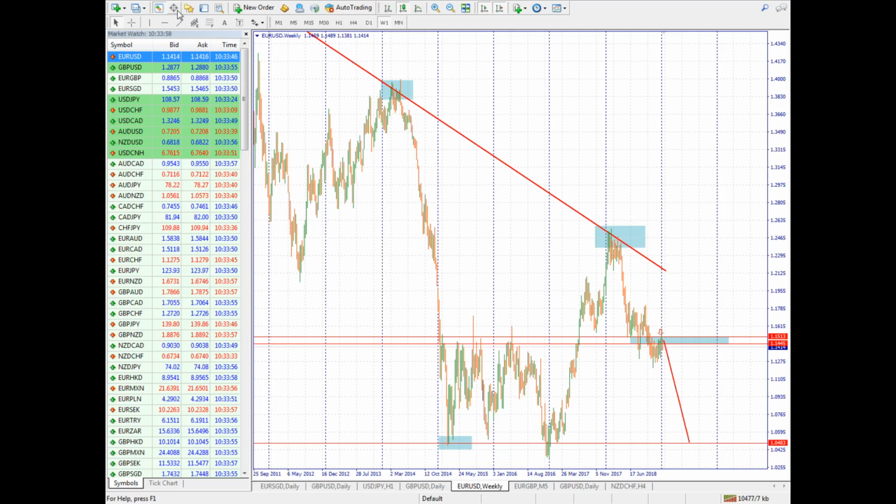The next chart, daily candle. We have a level here. This is a level, this one. And then we have a line from this point here.